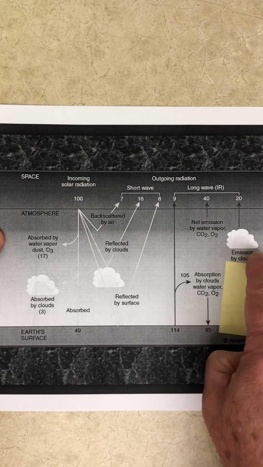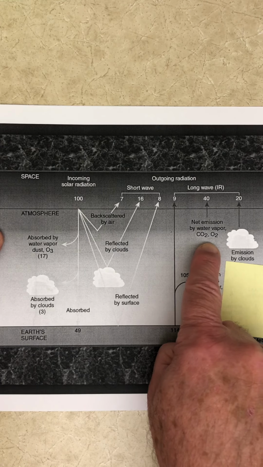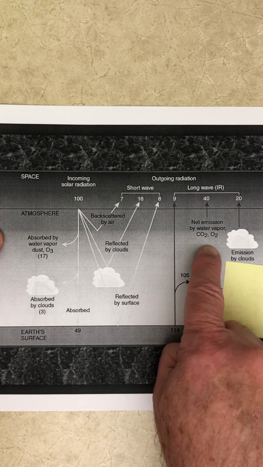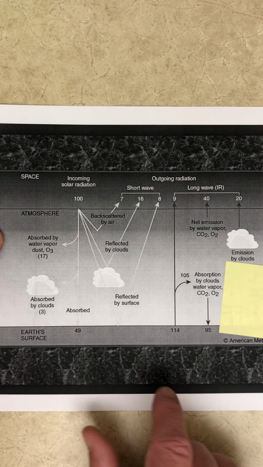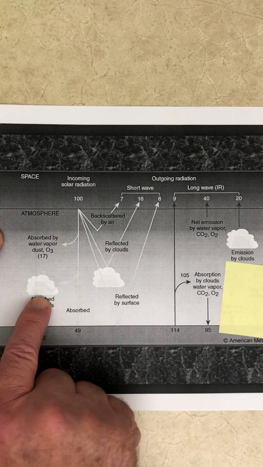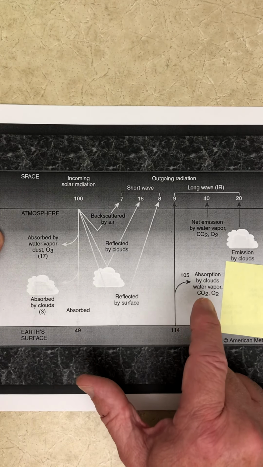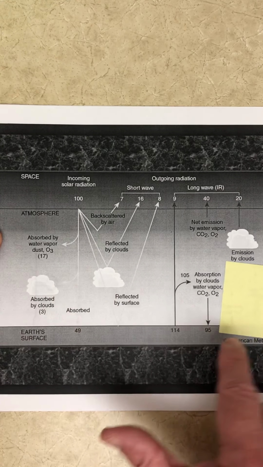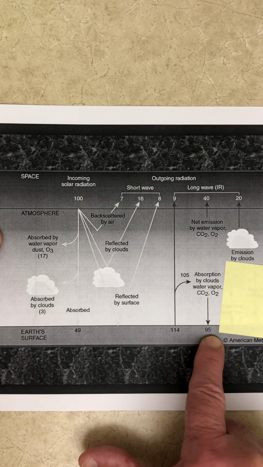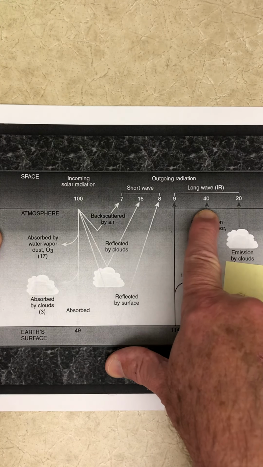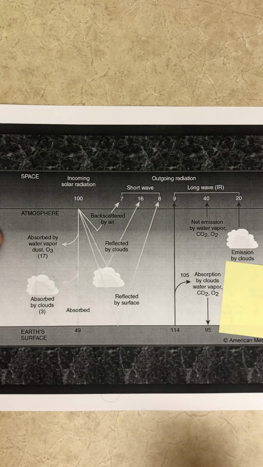We've got 20 units of terrestrial radiation being emitted by clouds, and 40 units of terrestrial radiation being emitted by the atmosphere, by greenhouse gases, out towards space. So when you take 20 plus 105, and then subtract the 95, subtract the 20, subtract the 40, that gives you a net of minus 30 units.